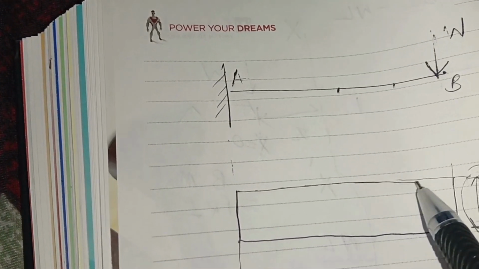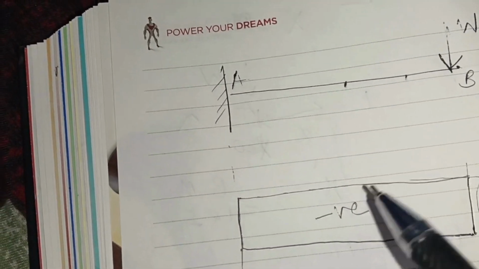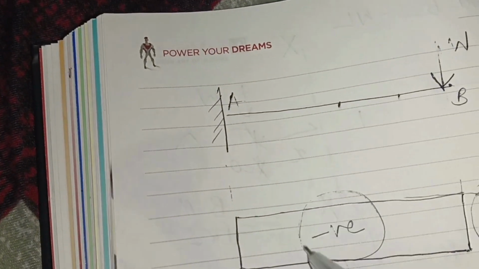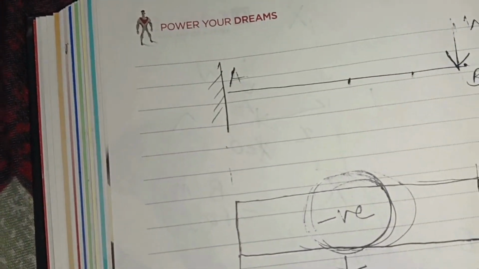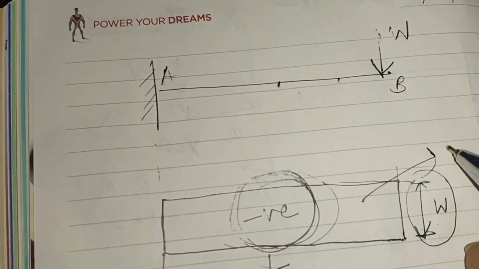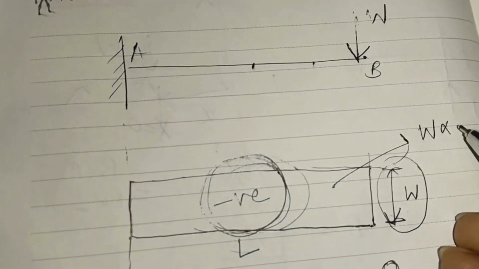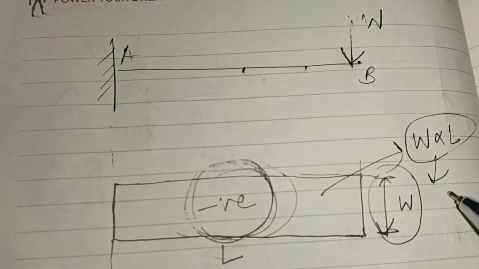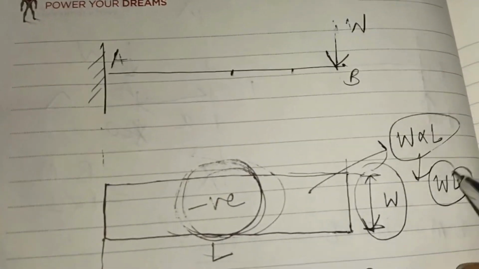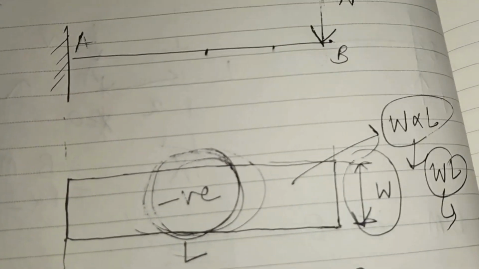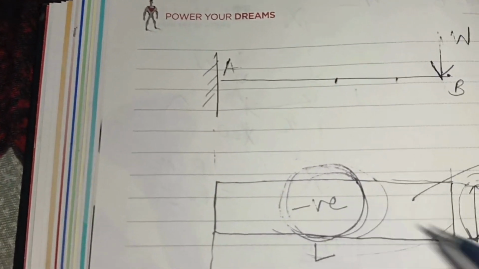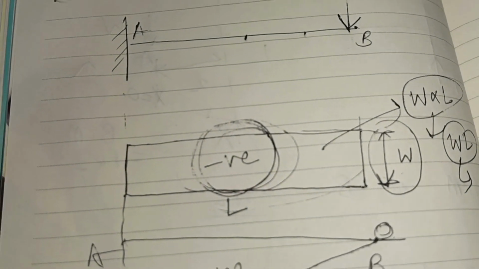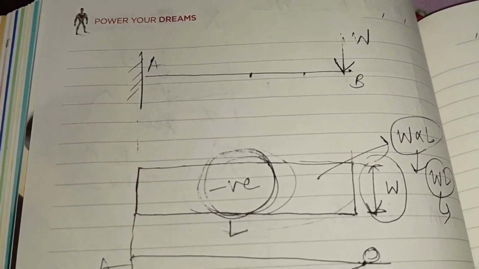So this is the shear force diagram, and this is also negative, and the length is L. The area of this is nothing but the height into length. Height is W and length is L, and this is nothing but the bending moment. WL is the bending moment, and this comes as the area of this projection, height into length, and this is WL.